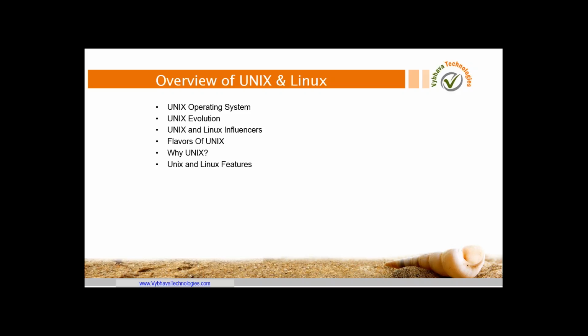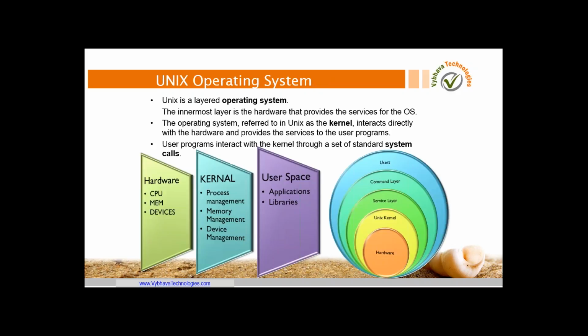Okay, so there are some flavors in Unix. The flavors which I mentioned, where different companies created different versions. So why Unix? Why Unix and Linux? We'll see the different features. When we start the beginning of operating system learning, the first thing we are going to learn about is the Unix layers. Okay, so if you take the common layers, there are just three generic layers.